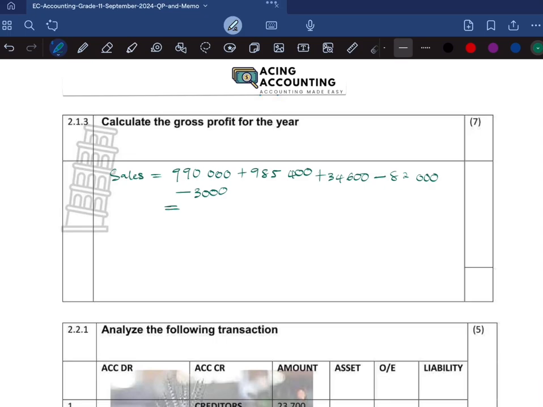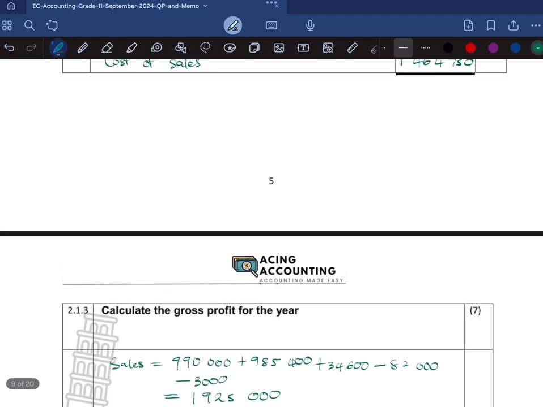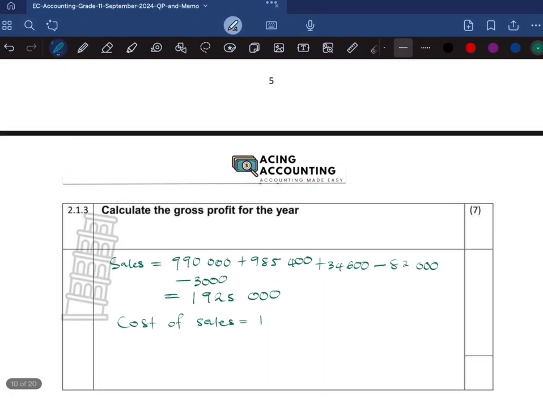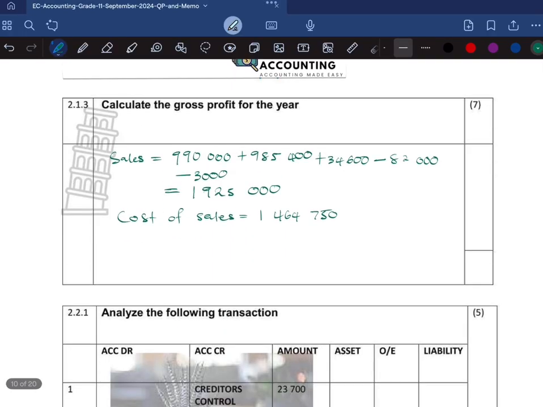So our sales amount, let's just quickly calculate. 985,400 plus 34,600 minus 82,000 minus 3,000, that is 1,925,000. The cost of sales we just calculated, so you don't need to do anything more. So that's 1,464,750, right?